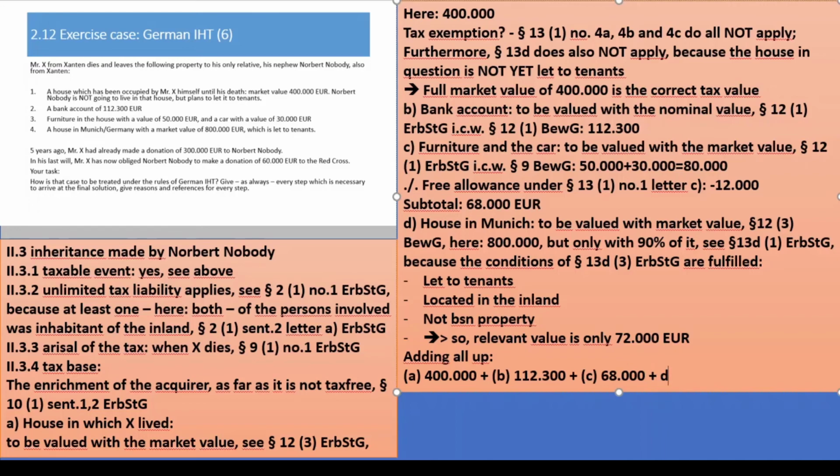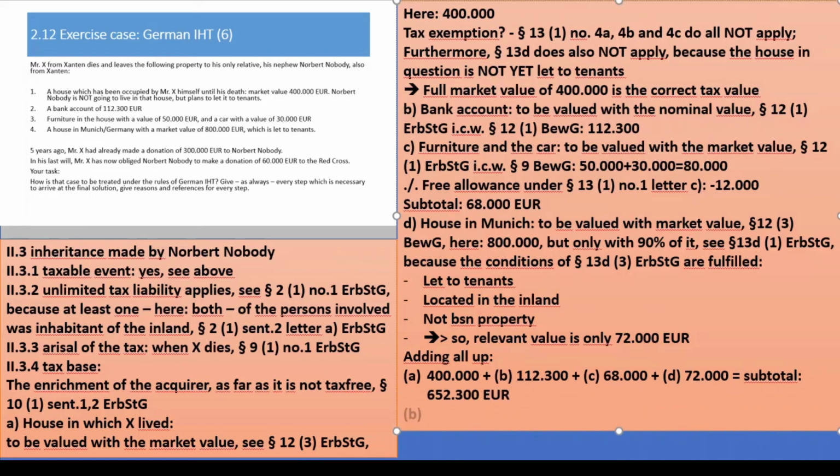Then we have, because of D, 72,000. And then that is only a subtotal, which is then 512,600. Now I really hope that this is true.